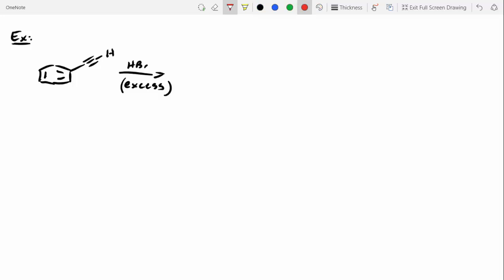So let's ask ourselves, is the bromine going to add on to the red carbon or the green carbon? Red carbon. Okay, so we could theoretically get this to stop, and we could get a bromine to add onto the red carbon. But if we've got excess HBr, are we going to stop here?